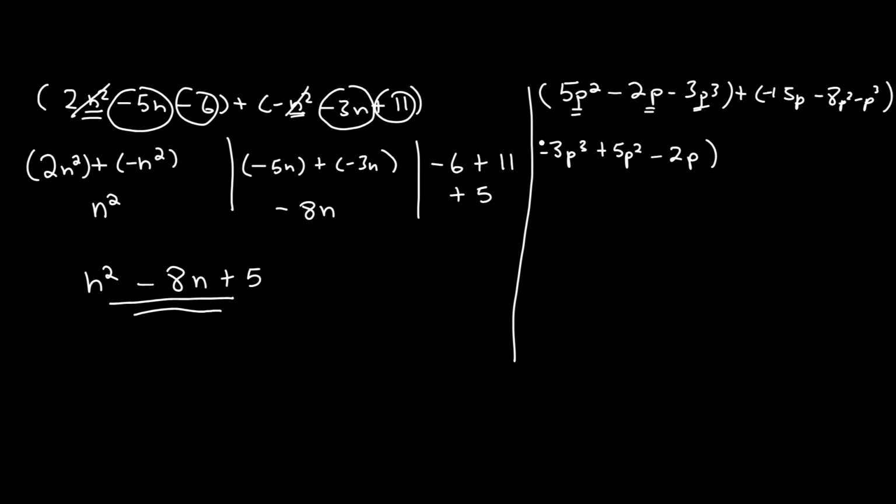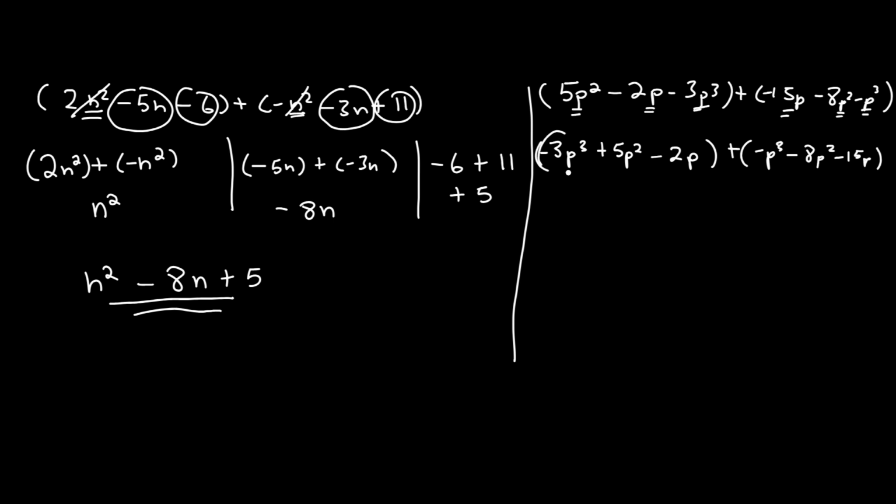Let's check the other one. It needs to be rearranged as well. That's negative p cubed minus 8p squared minus 15p. Alright, it's arranged, so we can go ahead and group them.